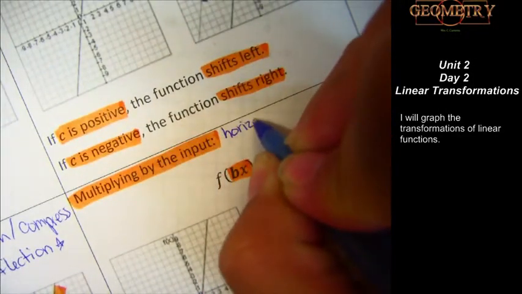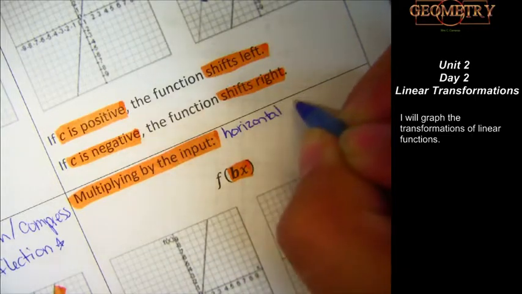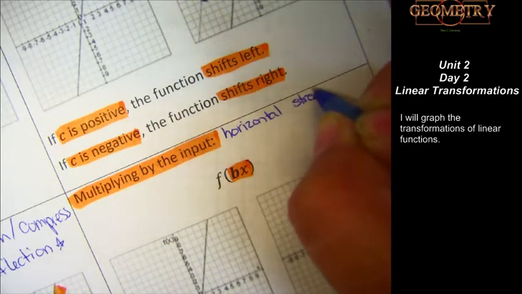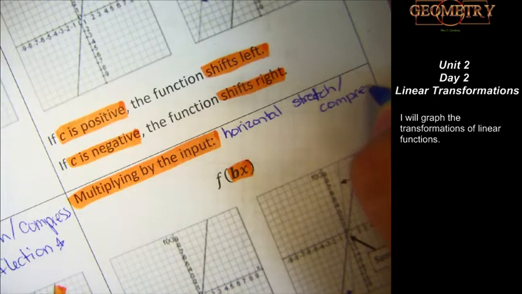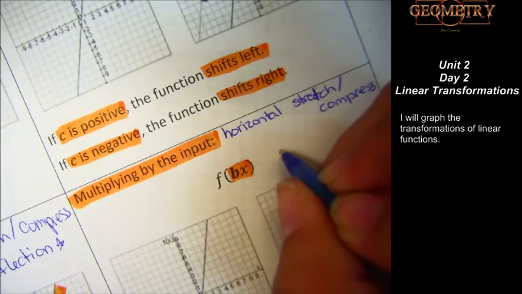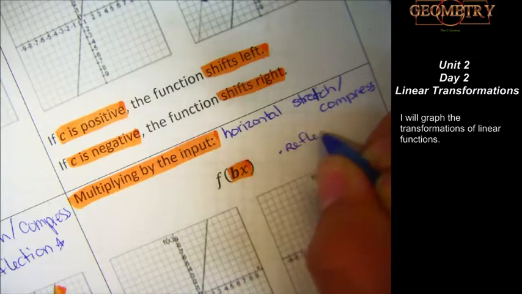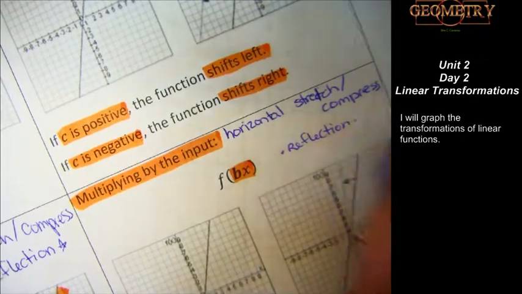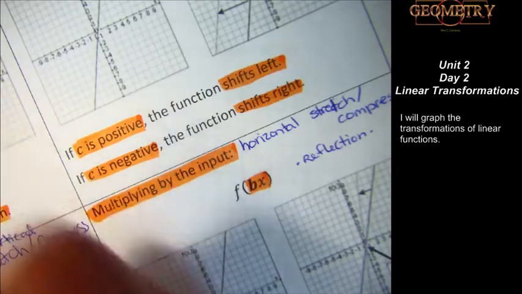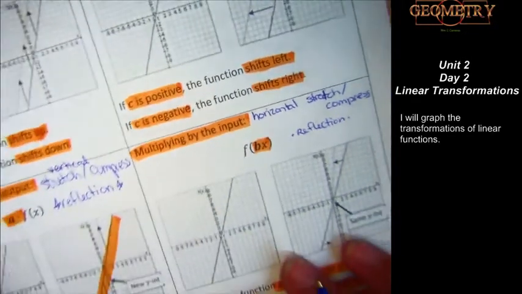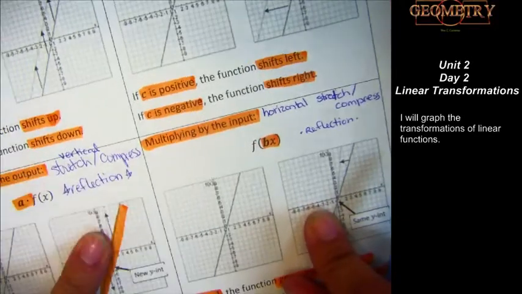We'll call this a horizontal stretch or compress. And there's a reflection involved, which means that multiplying by the output is going to be some sort of vertical. Might as well jot that in there. So horizontal and vertical.